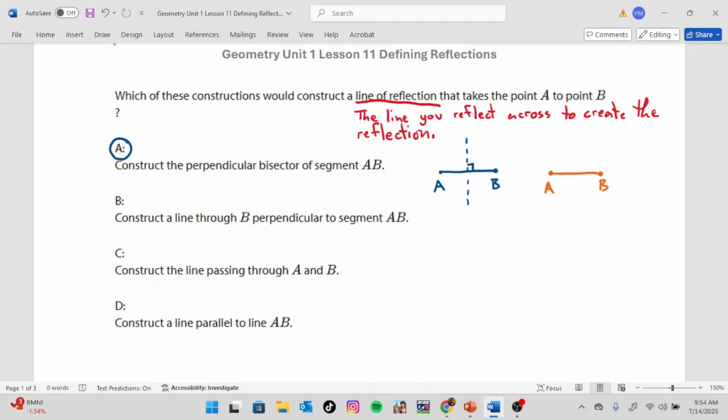But this time, I'm going to make this line perpendicular through point B. Now, if I were to reflect point A across this dashed line that I just drew, it's actually going to be somewhere out here. That is not point B. So that is not what we were hoping to do. So B would be wrong.